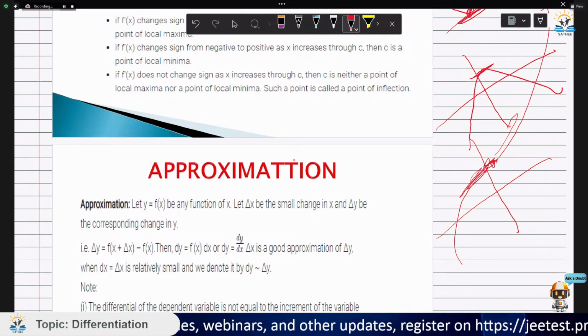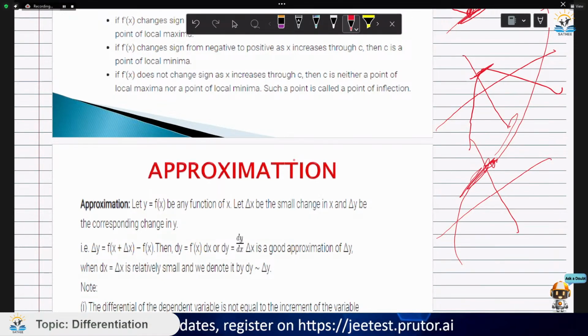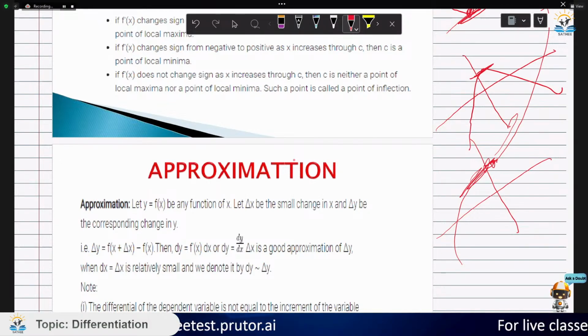Okay, the next question. The absolute minimum value: let f(x) be a function defined in its domain Z belonging to R, and then f(x) is said to have the minimum value at a point A belonging to Z if f(x) is greater than f(A).